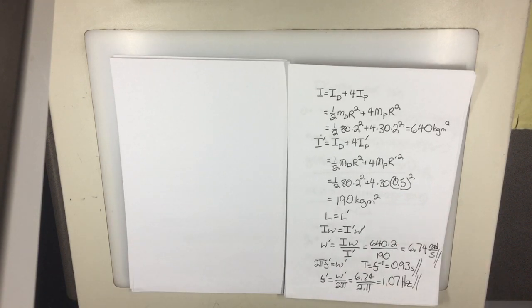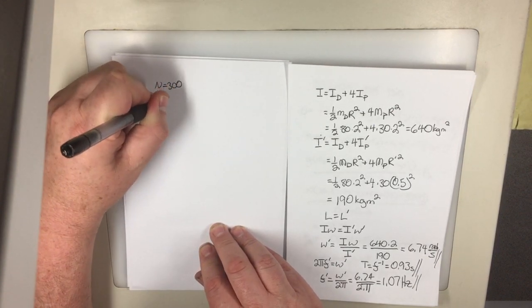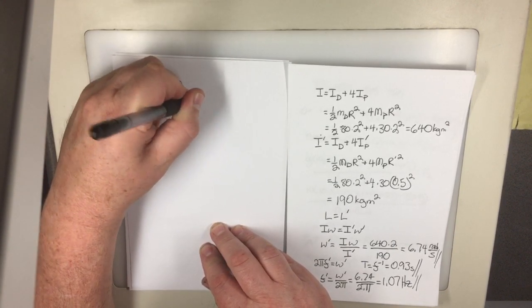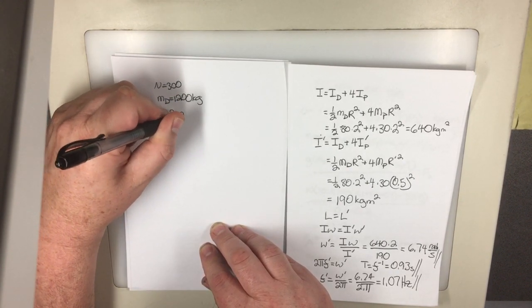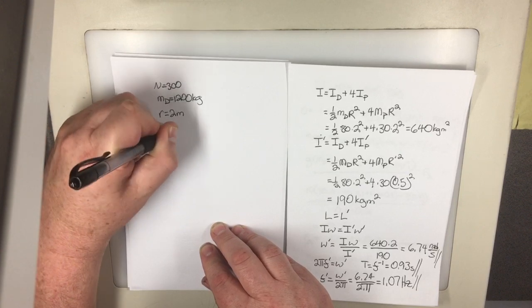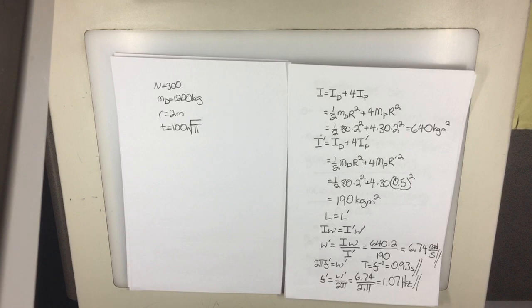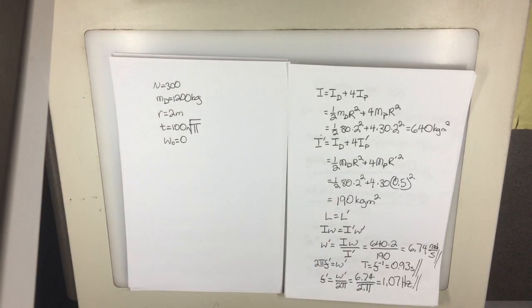let's just look at it. I have the number of rotations. I have the mass of the disk. I have the radius of the disk. I have the time, the highly suspect 100 times the square root of pi. I'm told that the omega naught is 0. The moment I see omega naught is 0, this thing is screaming alpha is non-zero.